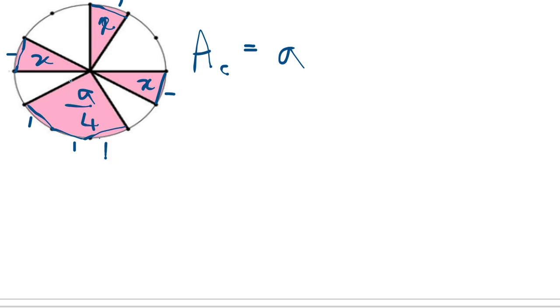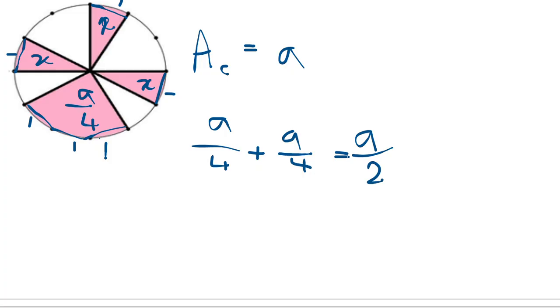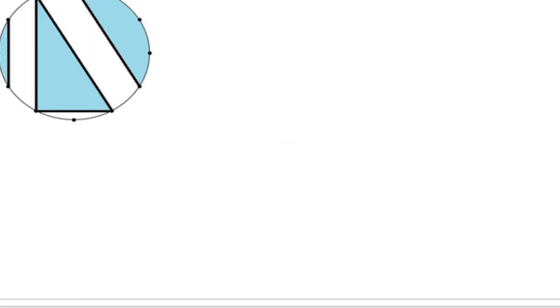Which means when we combine all of those x's, that is going to be a quarter of the circle as well. So the final shaded area will be a quarter plus a quarter, which is going to be a half, right? So based on that, we can conclude that this shaded part of the circle is half of the total circle. So now we're moving on to the third problem.